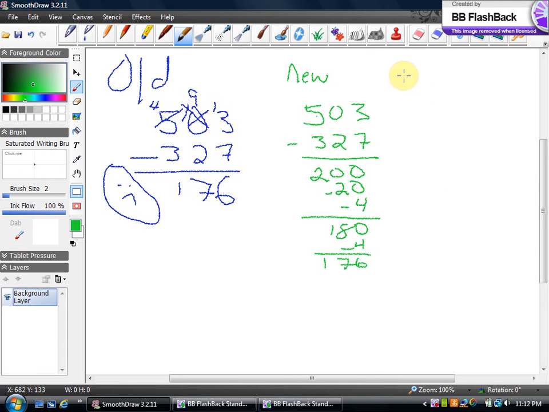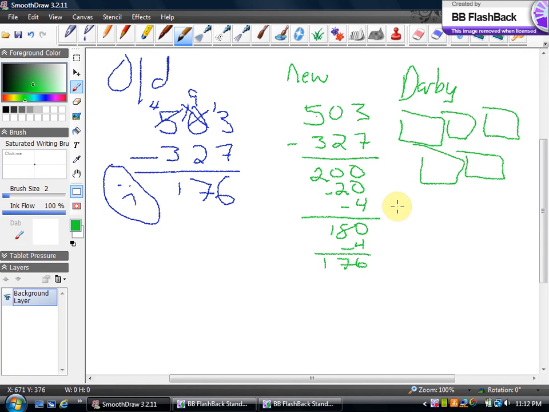Now if we did it the Darby way, Darby's my beautiful daughter, by the way, then she would see 500s like this, and then 3 little guys right here. And if we were going to subtract 327, she'd say there's 100, there's 200, there's 300, and then I have to take away 27 from this guy.